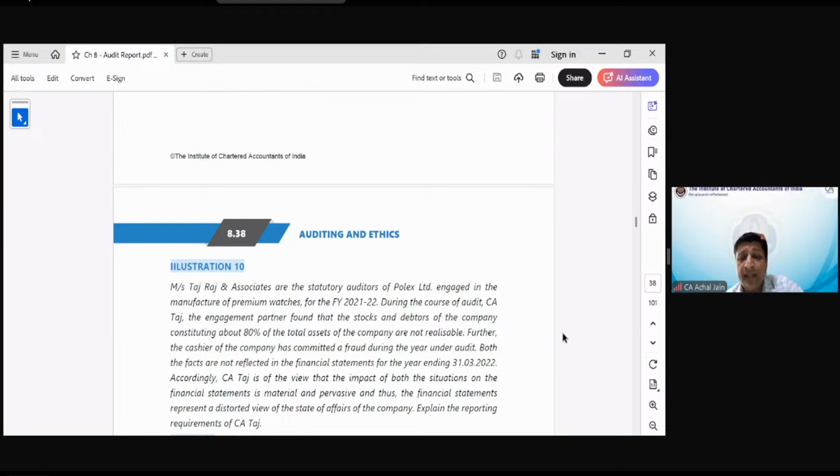CA Taj is of the view that the impact of both the situations on the financial statements is material and pervasive. Okay, so in this case, you are not required to get on to the assessment. The assessment is already done for you. What is the assessment? He is saying the impact is material and pervasive, and thus financial statements represent a distorted view of the state of affairs of the company.